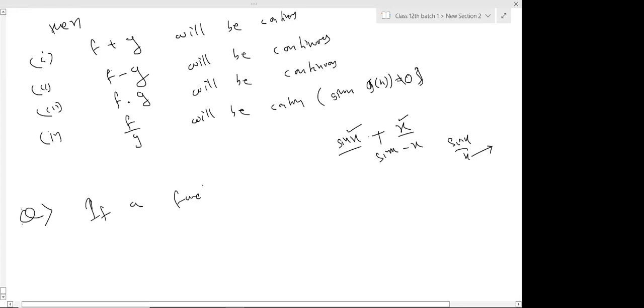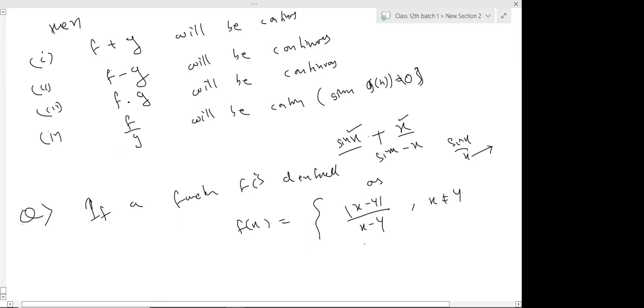Let's write down a question. If a function f is defined as f of x equals to x minus 4 mod on x minus 4, if x is not equals to 4, and 0 if x is equals to 4, then show that f is continuous everywhere except x equals to 4.